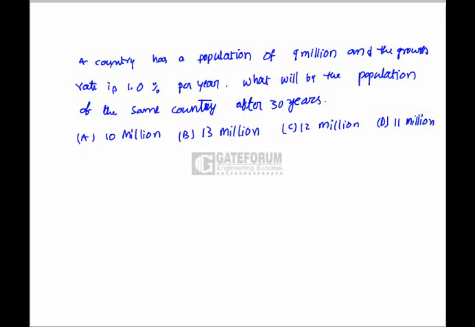A country has a population of 9 million and the growth rate is given as 1% per year. What will be the population of the same country after 30 years? The growth rate R is 1%, that is 0.01.